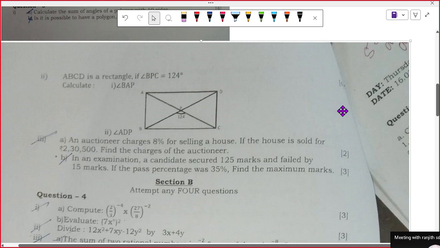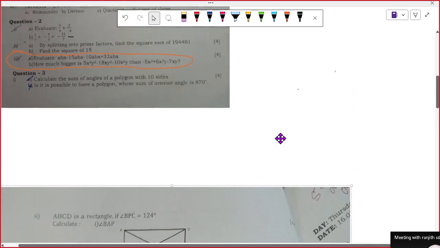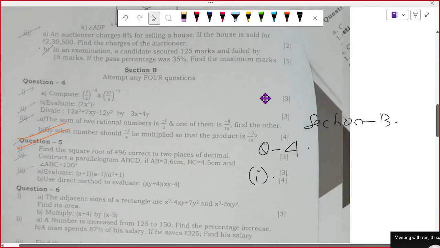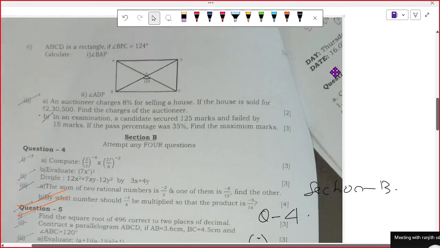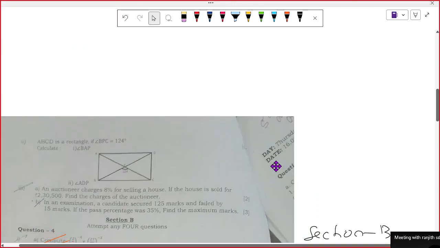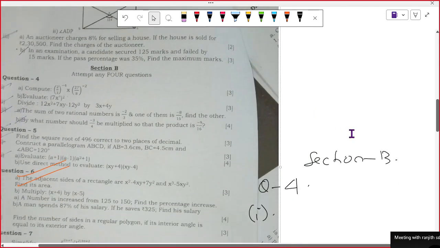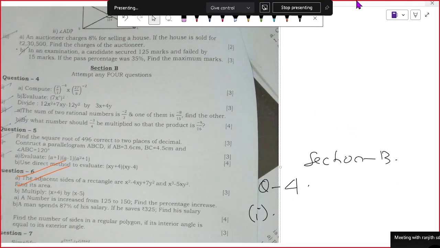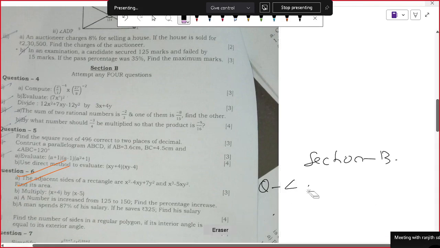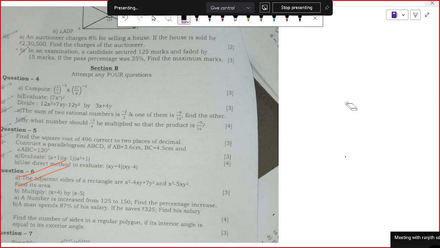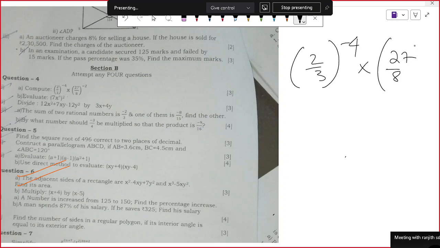Two by 3 minus 4 into 27 by 8 minus 2. Done. Did you all copy the question? 2 by 3 minus 4 multiplied by 27 by 8 minus 2.